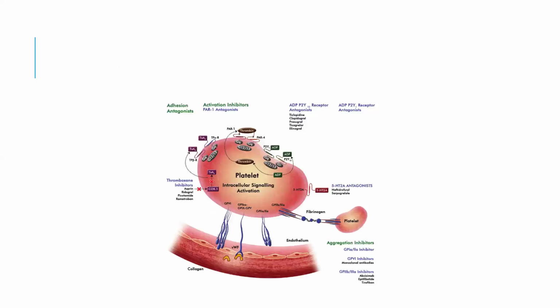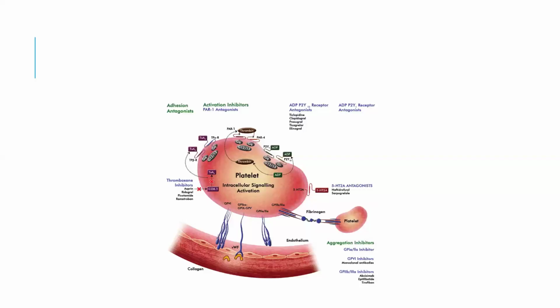So this is just showing what I've just explained, that when there is damage to the endothelium, there is room for the platelet to attach to that because of the attachment of the glycoprotein 2B3A to the collagen of the vessel, and that causes release of thromboxane A2 and ADP.